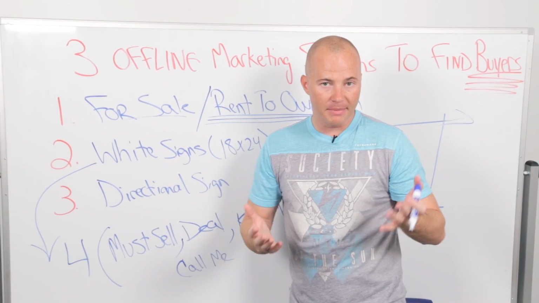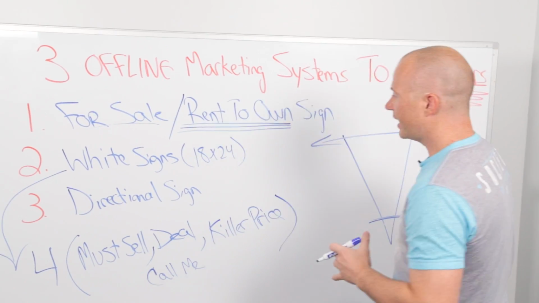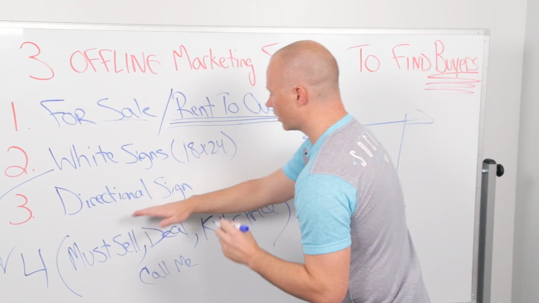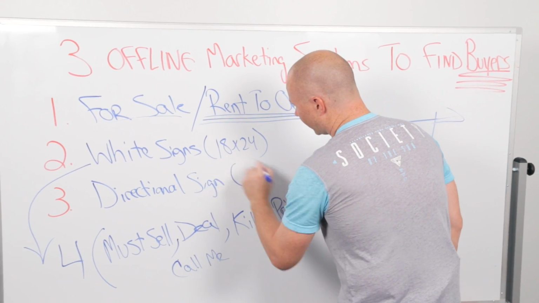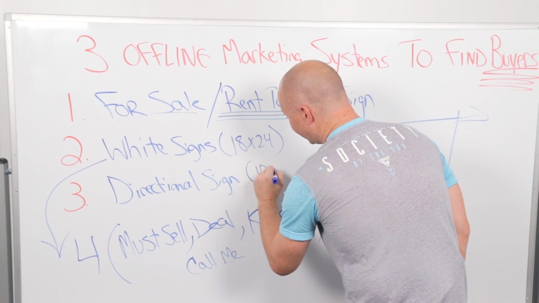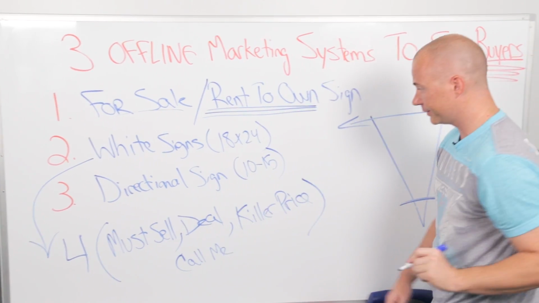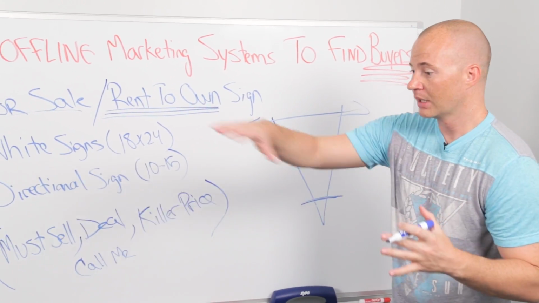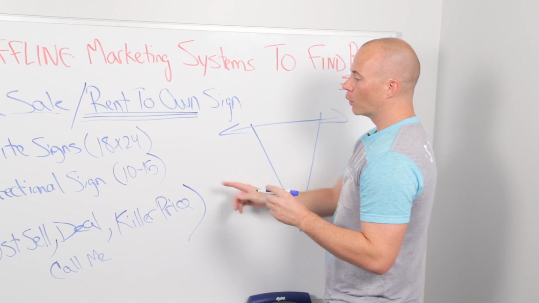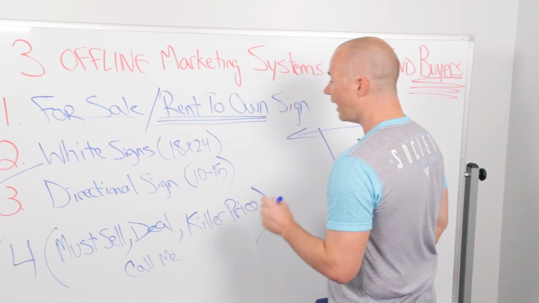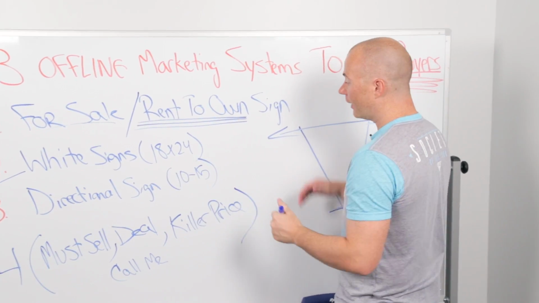However, we change the message. We'll typically post, they're 18 by 24 inch, about 10 to 15 of these throughout the entire subdivision or around that particular property. We'll write messages on these white signs, 10 to 15 around the town.